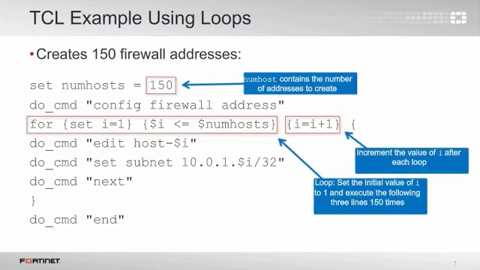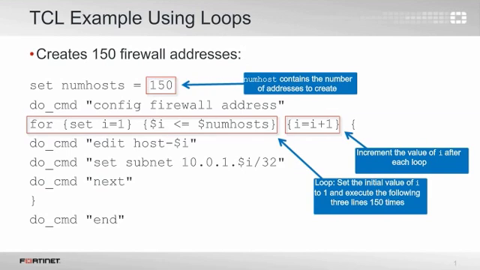This is a more complex TCL example that shows the power of TCL scripts. Let's say that you have 150 hosts in your network, and you need to create 150 different firewall addresses, one for each of your hosts. This TCL script uses a loop to do that. The script uses 2 variables.